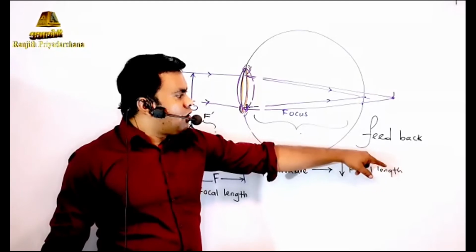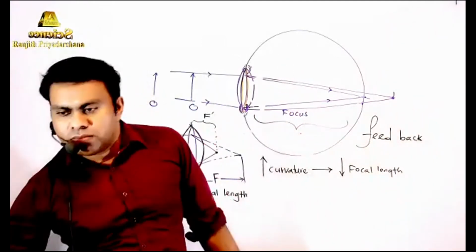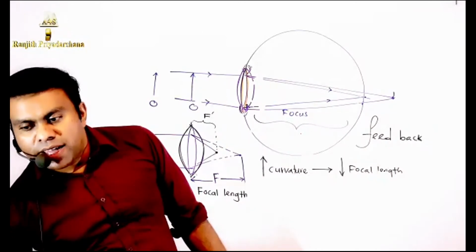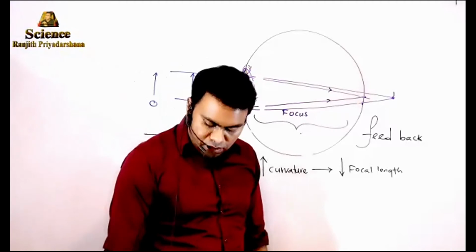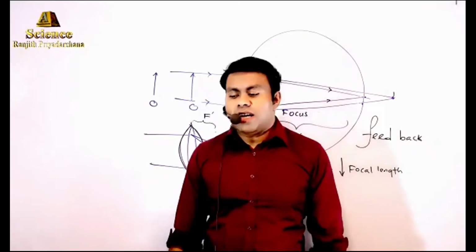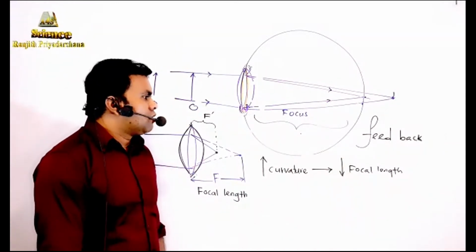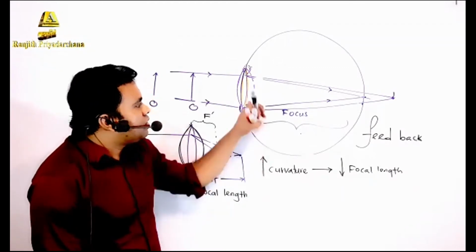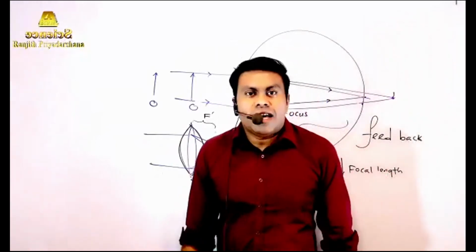According to the feedback of the nerve impulses of the brain, curvature of the lens is adjusted.